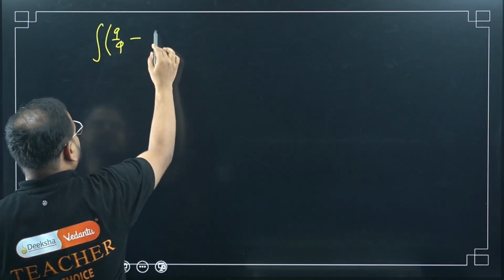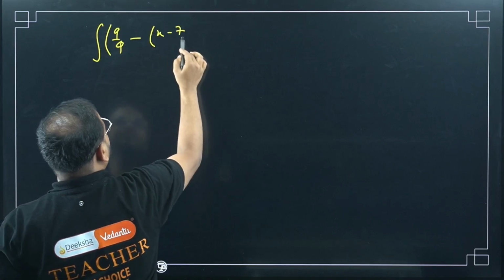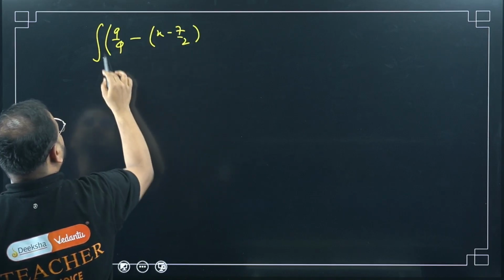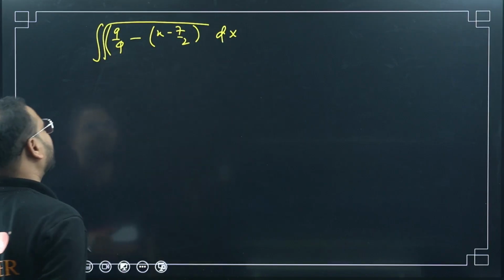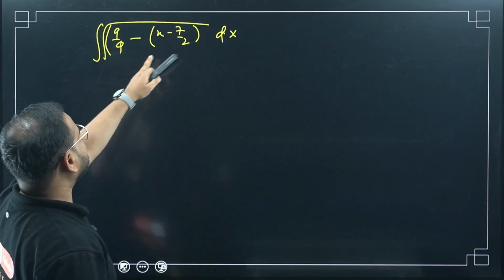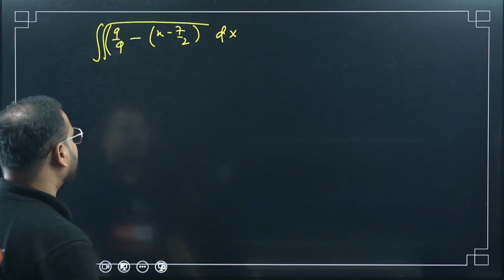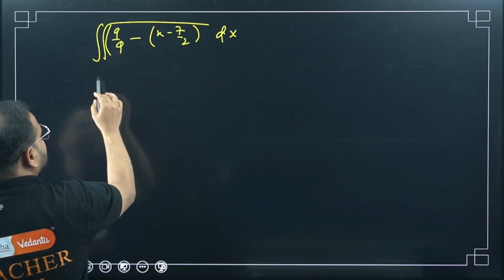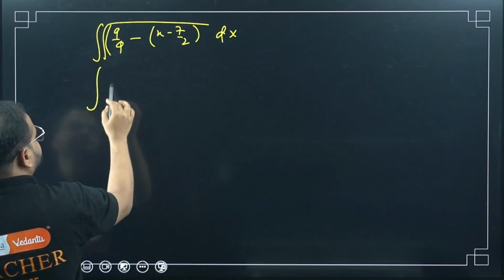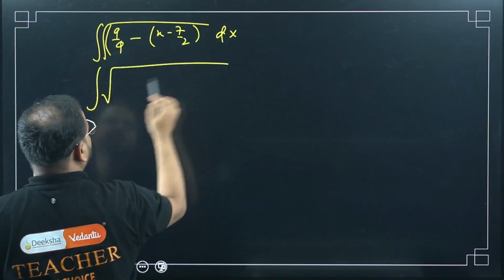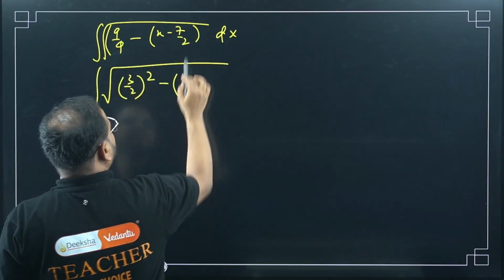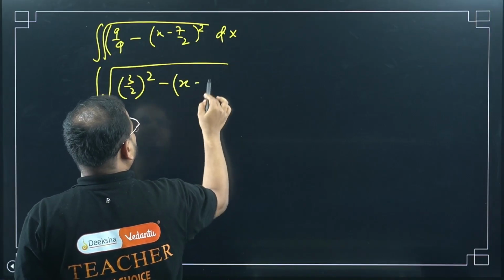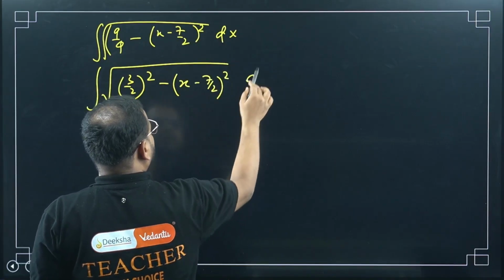How much is this? x minus 7 by 2. This whole thing is in the root with dx. Now please check. 9 by 4 minus x minus 7 by 2 the whole square. What is the condition? Write this form: root of 3 by 2 the whole square minus x minus 7 by 2 the whole square dx.